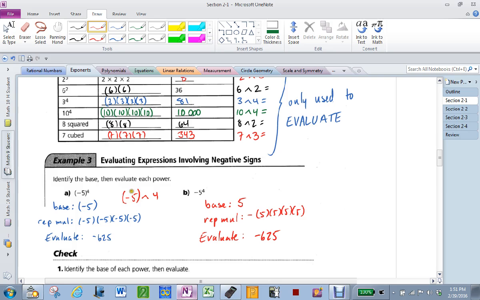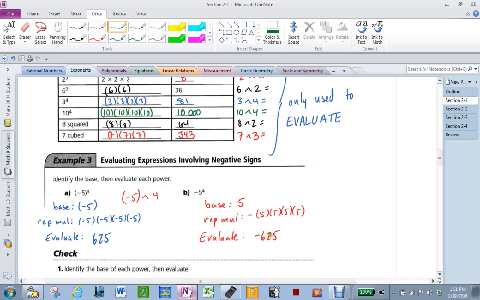Brackets. Now change your calculator button pushing to bracket negative 5 bracket exponent 4 and tell me what you get. I got 625 still. Positive 625. That's what I got with the other number too.